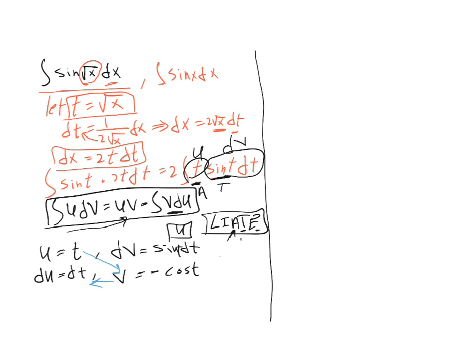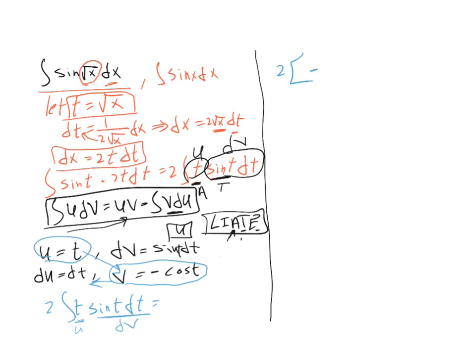So our original integration, 2 times integration of t sine t dt, will equal 2 multiplied by uv, the first term: negative cosine t multiplied by t, and minus integration of v du.